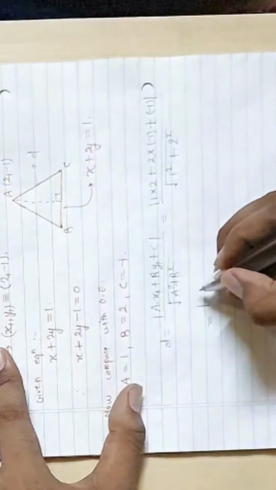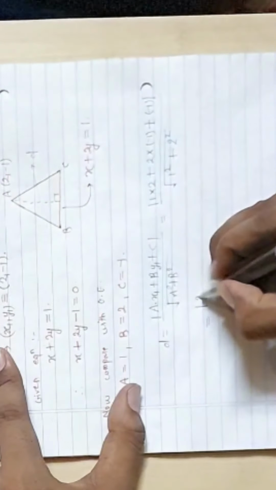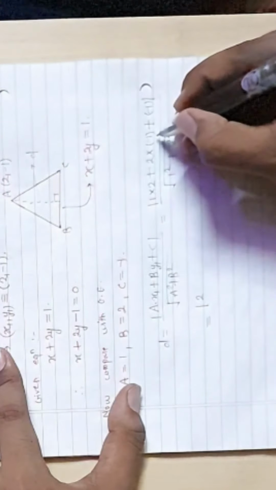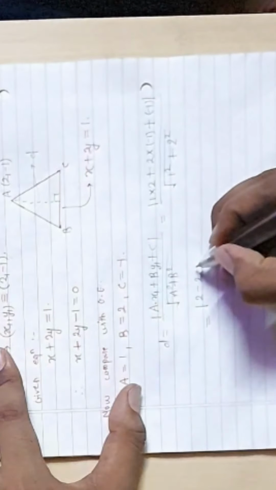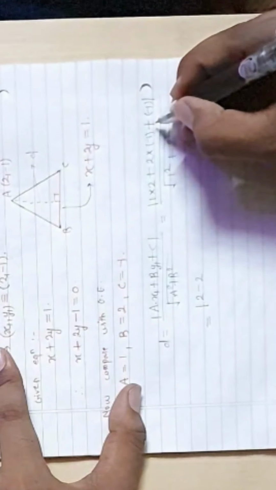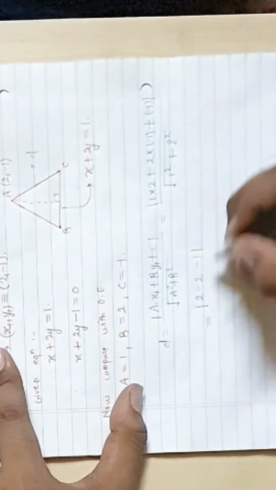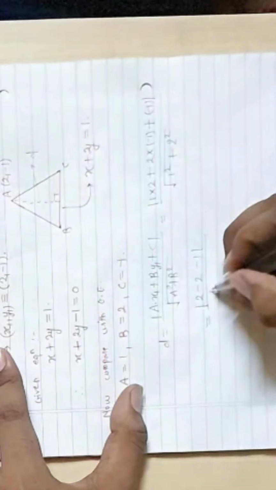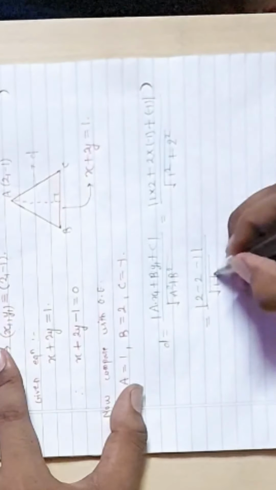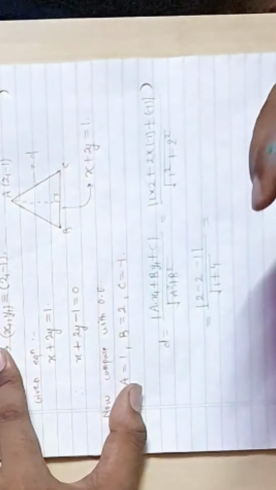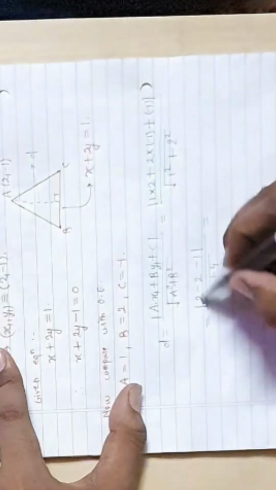Mod of 1 into 2 is 2, 2 into -1 is -2, plus -1 is -1, upon 1 square is 1, 2 square is 4. So now the 2 and -2 cancel each other.